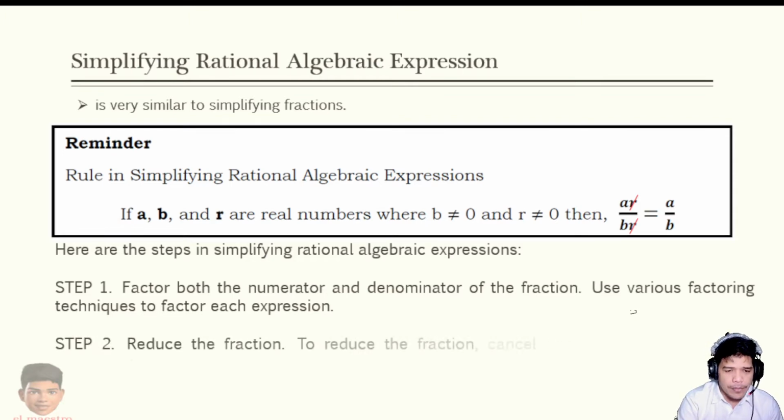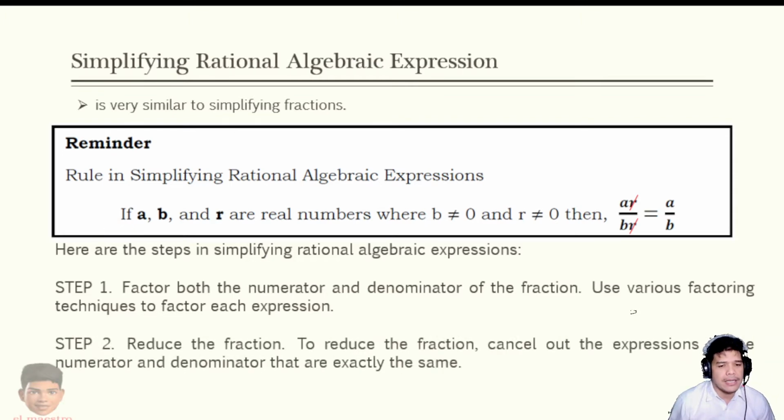Okay? Second, after natin ma-factor out the numerator and denominator, second is we reduce the fraction. Dito na papasok yung i-cancel out natin the expression in the numerator and the denominator that are exactly the same. Just like what we did here. Diba? R and R here is the same.